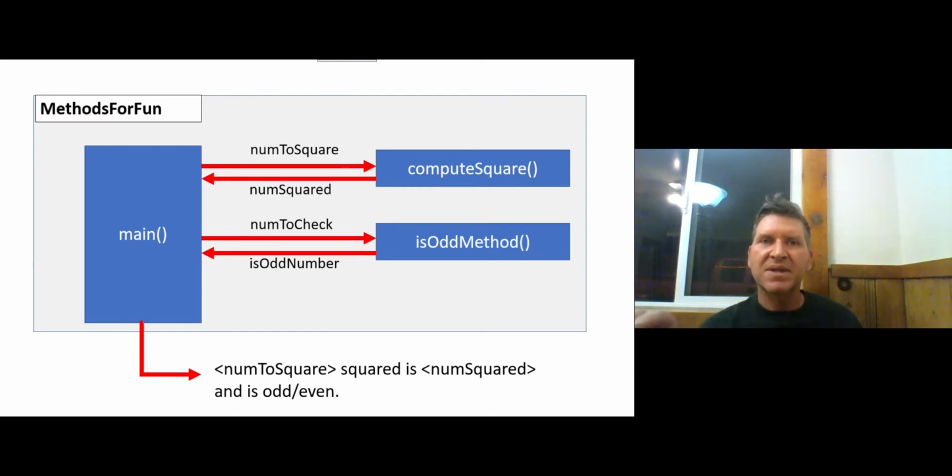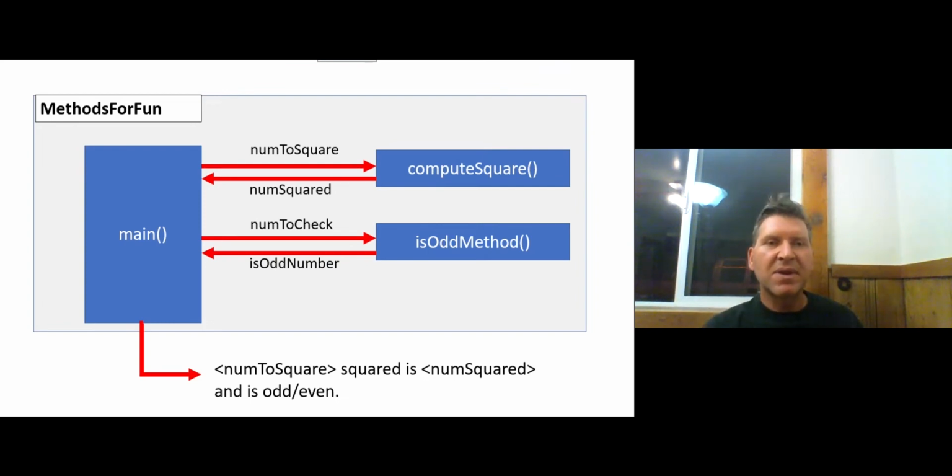Then we pass num to square to compute square. And then that passes back the number squared to main. Then num squared becomes num to check. So it's the same value, we just give it a different name. We pass it to the method called isOddMethod, and then that returns back a Boolean, isOddNumber, true or false.